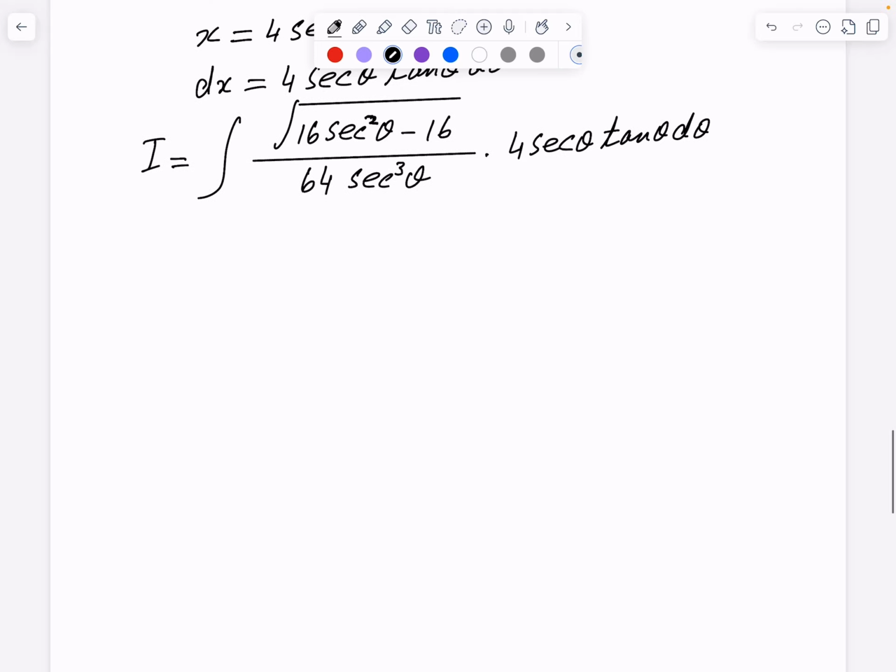And now we can cancel the secant with the cube, and we're going to get a square.